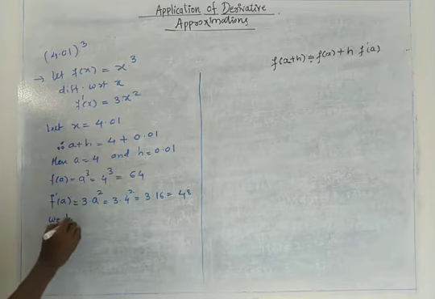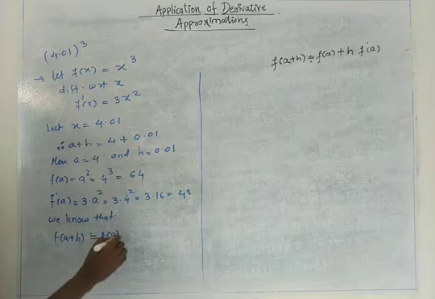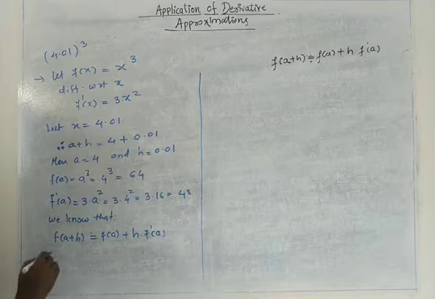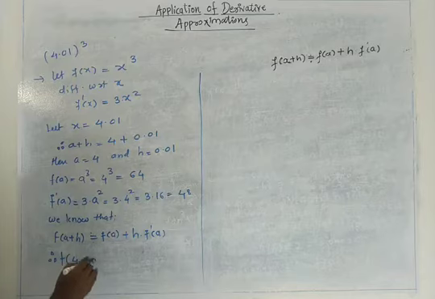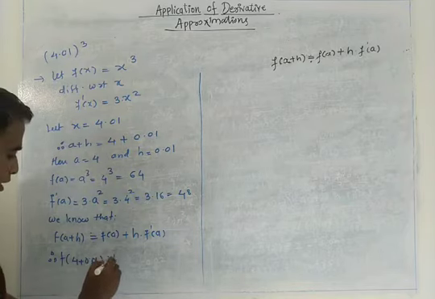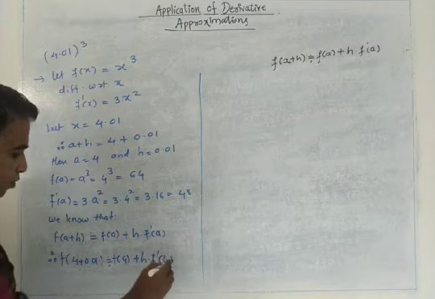So let's begin with the formula. So we know that f of a plus h is approximately equal to f of a plus h into f dash of a. Therefore f of a plus h, that is f of 4 plus 0.01, is approximately equal to f of a, that is f of 4, plus h into f dash of 4.